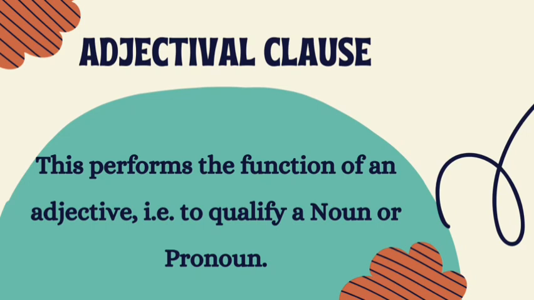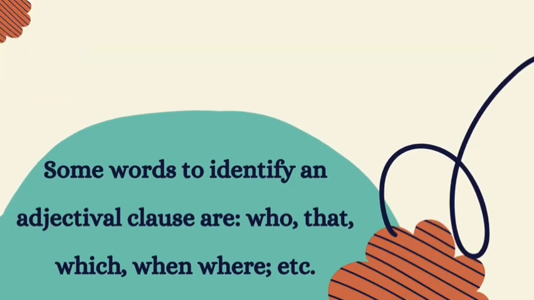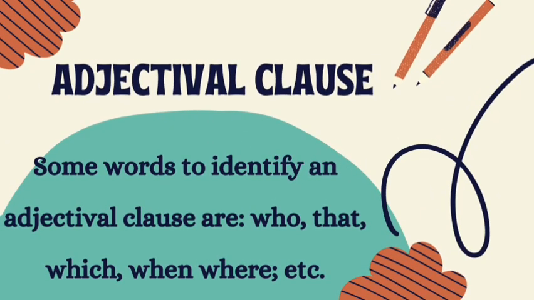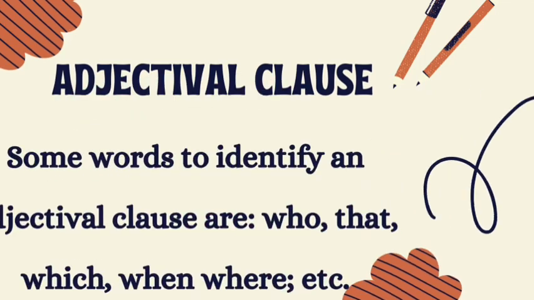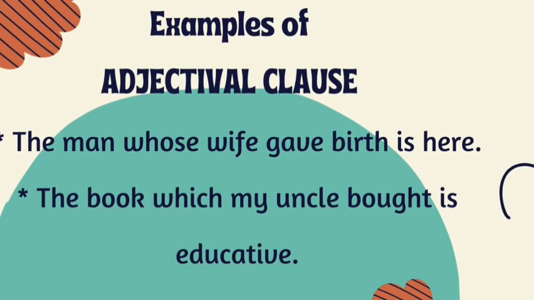An adjectival clause is a clause that performs the function of an adjective. An adjective, we know, qualifies a noun; that is, it tells us more about a noun or a pronoun equivalent. That is what adjectival clauses do for us. We can have it introduced by who, that, which, as the case may be.